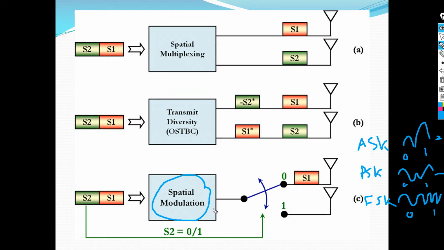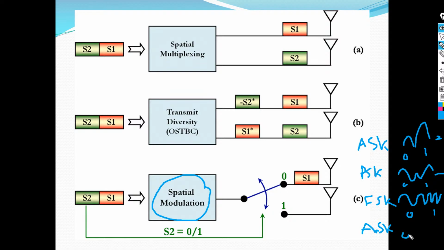In this new modulation scheme, spatial modulation, a new feature, which is the antenna, is used in order to send an extra amount of information. So it works not with the sinusoidal carrier, but like this. We call it antenna shift keying.